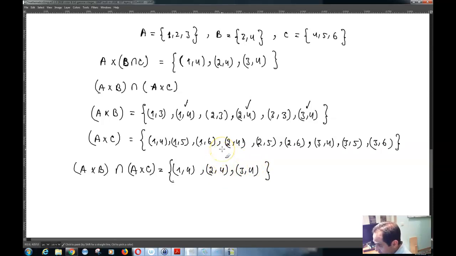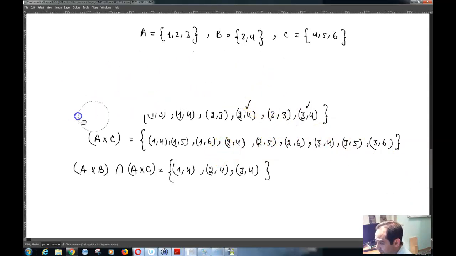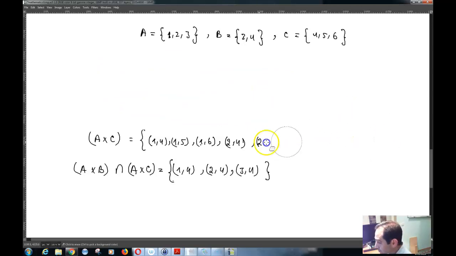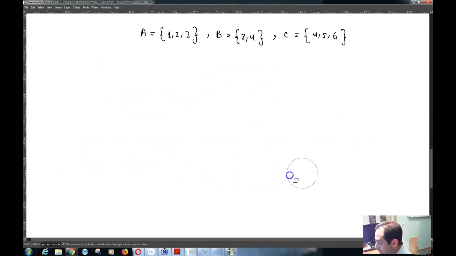Or suppose that you want to calculate another part of the same thing: for example, the Cartesian product of A and B union C. So first I calculate B union C, and then we'll see about the rest.